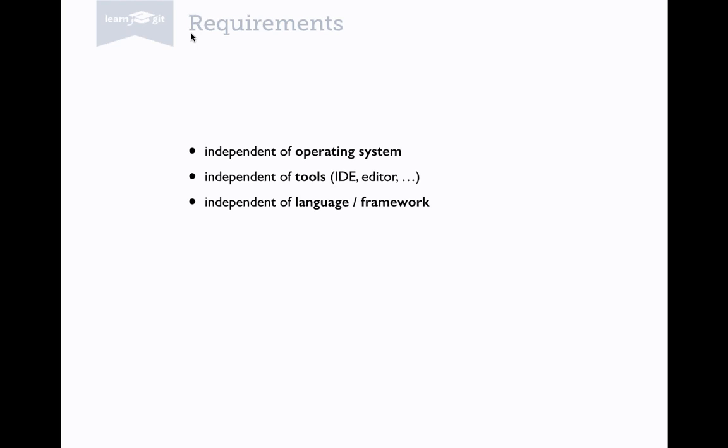And it's also independent of the language or the framework. Version control is nothing that is only available for Java programmers or for PHP projects. This can range from simple web projects to desktop projects to not even coding projects, to design projects and writing projects.